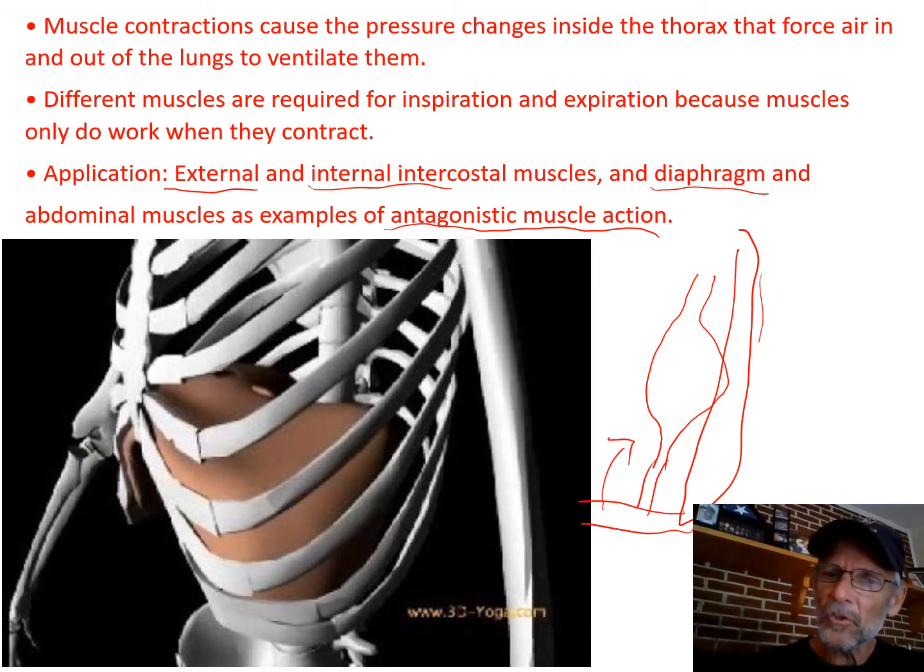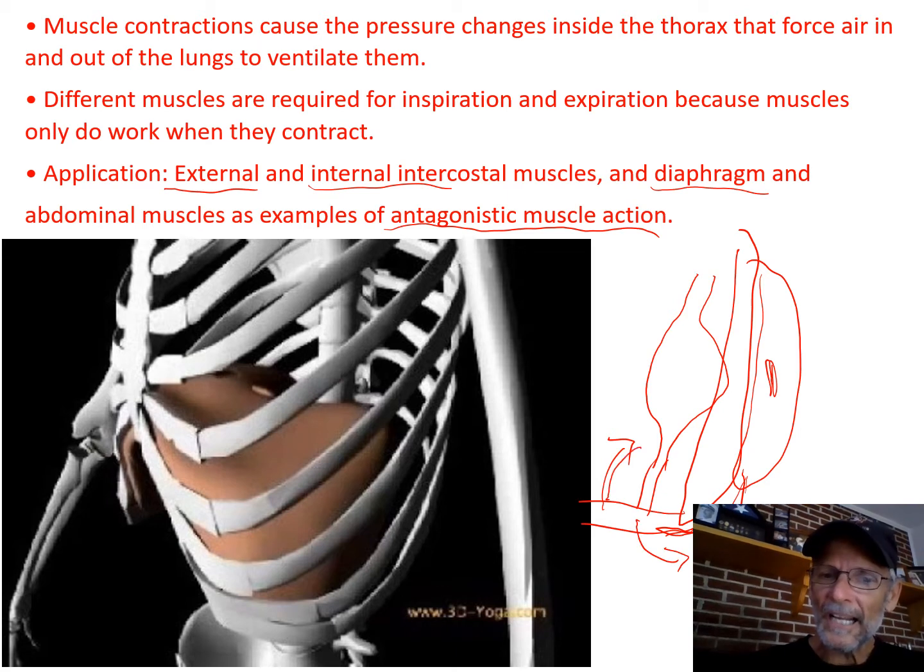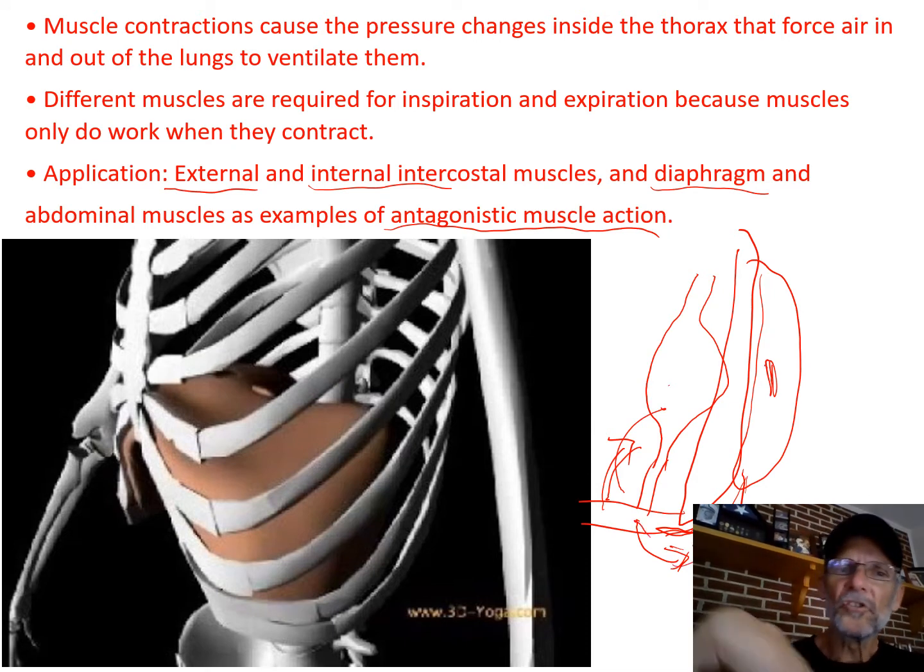But then you've got muscles over here. These are called your triceps. There's 3 of them. I'll just make one. They're attached to this thing down here. When you contract this one and make it shorter, this pulls this bone this way. Antagonistic. This muscle makes the movement go that way. This muscle makes the movement go the other way.